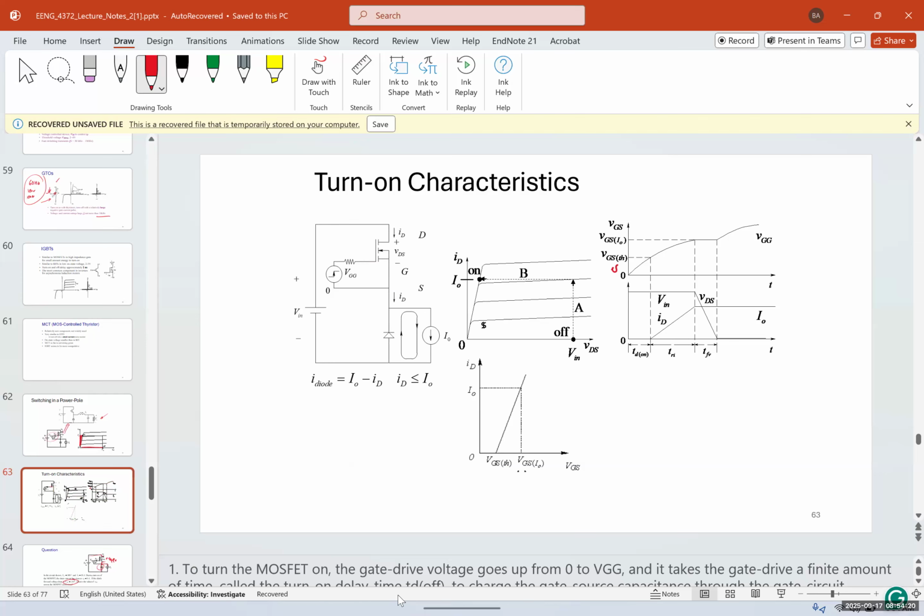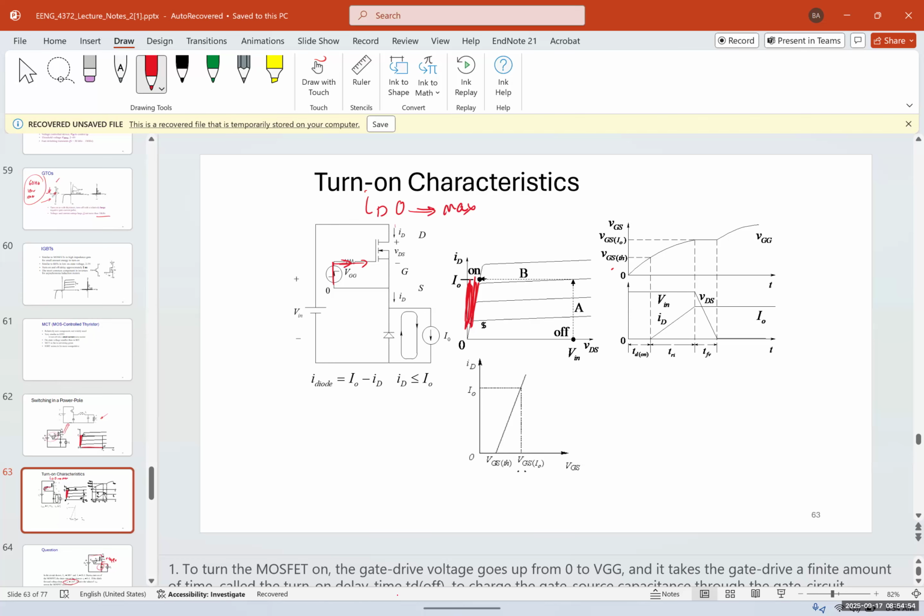This graph shows the turn-on characteristics. So again, when we want to turn this on, we need to have a voltage coming into the gate. And when the voltage in the gate is applied, ID, ideally going from 0, goes to its maximum.